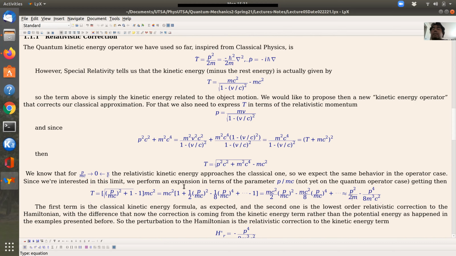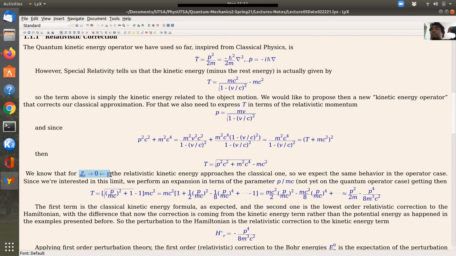This is not exactly the parameter we're using, but in this limit, what is going to 0 is p over mc or v over c. So again, this is the kinetic energy that we know from the classical case, which happens in the classical limit. And the second is a relativistic correction, and it's the lowest order one we can do.